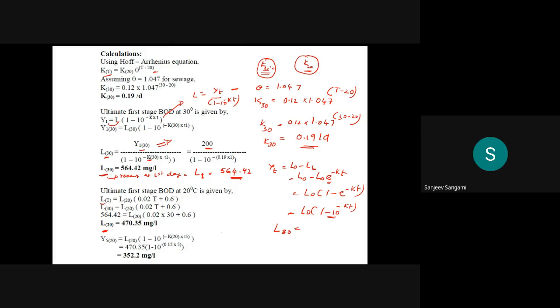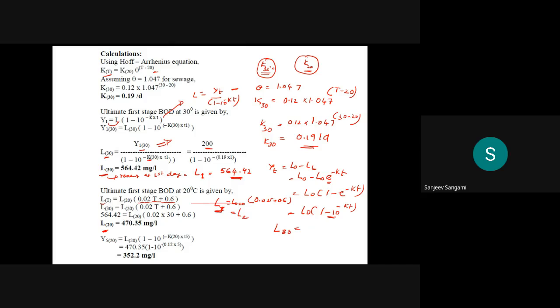So then you can use the above equation. This is a standard equation, that is equal to Lt, L of 20. I have not given the formula, but this is the Arrhenius equation, one more form, 0.6.